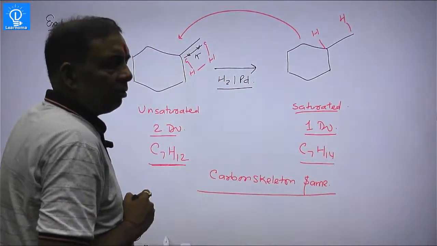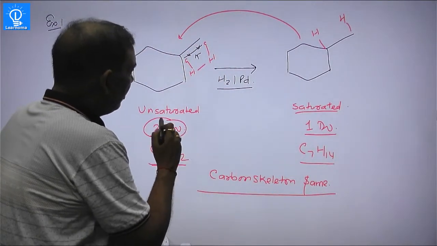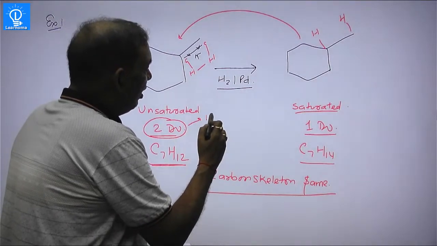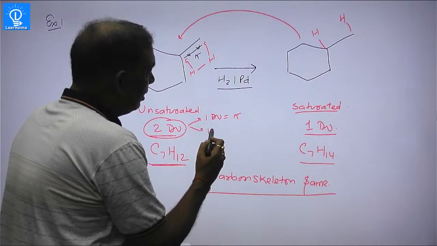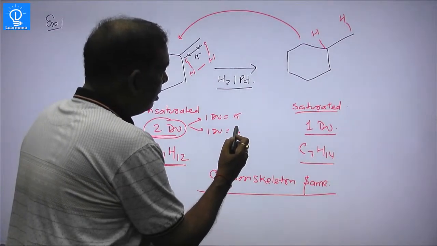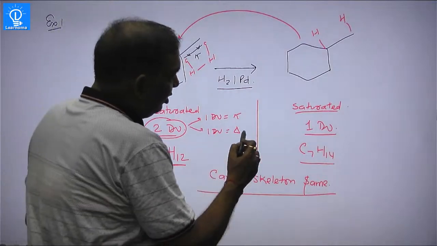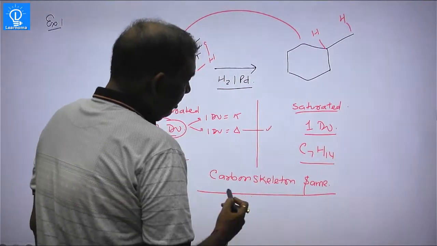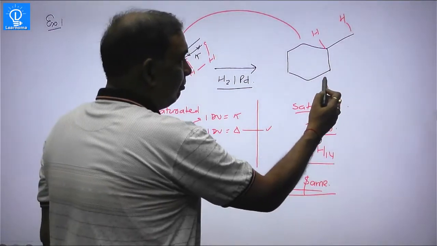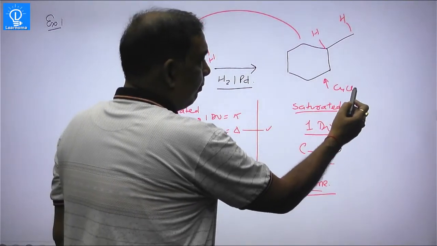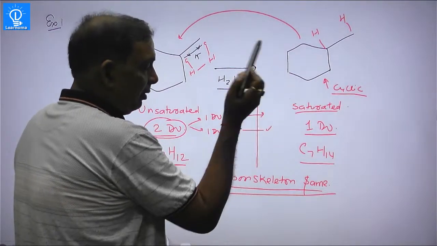See this. 2 DU, 1 DU. Why 2 DU? This has 2 DU: 1 DU in the pi bond, 1 DU in the cycle. After hydrogenation, the cycle does not get disturbed. Carbon skeleton remains the same. Again, this is cyclic. But the pi bond gets disturbed.